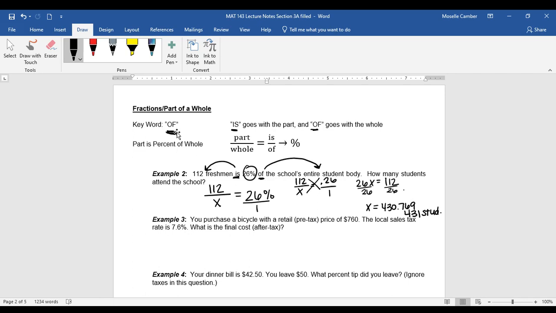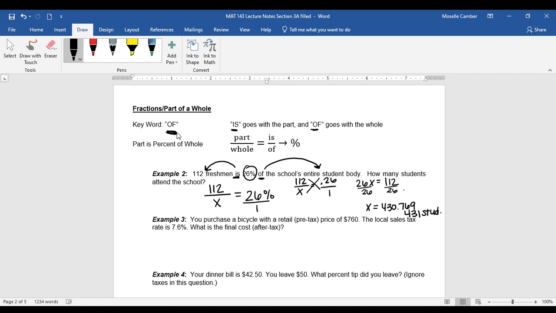Now to check that, you can find what 26% of the 431 is to double check that it is indeed 112. Or we can even do 112 divided by 431, and you should get 0.26. Now it will be rounded, of course, since we have rounded these numbers.